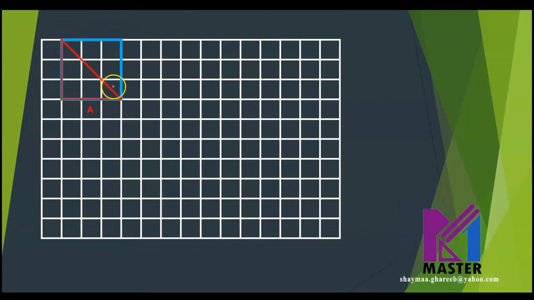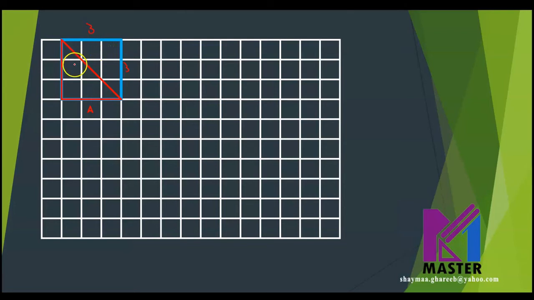So if I know the area of the square, I can get the area of the triangle. The area of this square is 3 centimeter and 3 centimeter. I can multiply the 3 by 3, or the 3 squared, or I can count how many squares are inside this square, which is 9 centimeter squared.